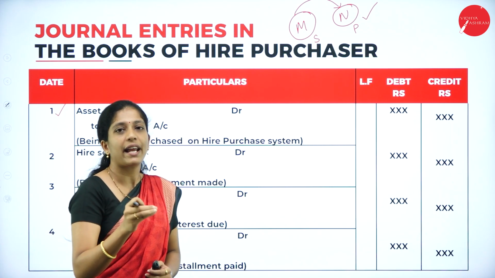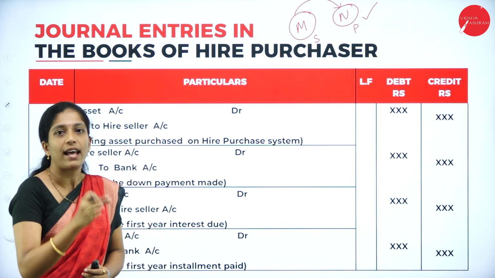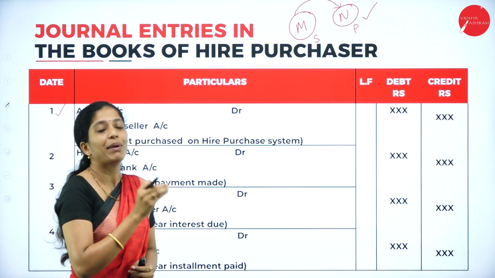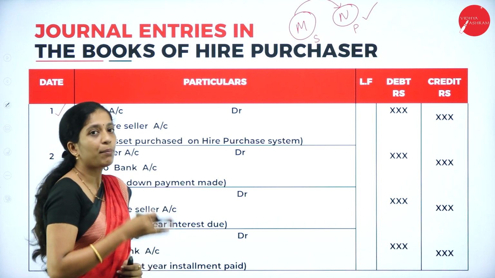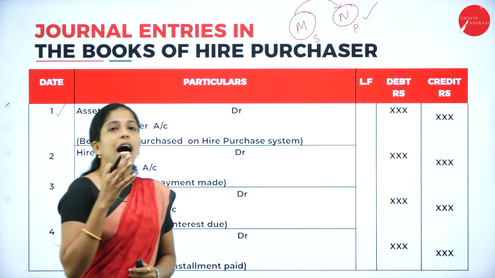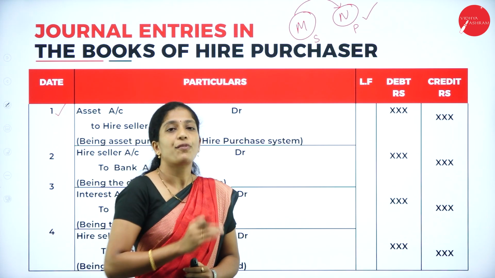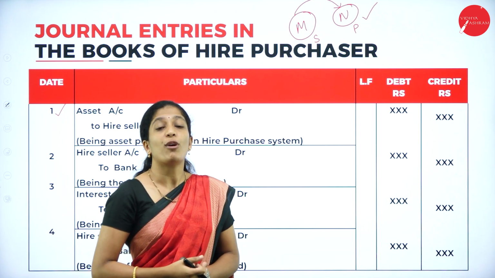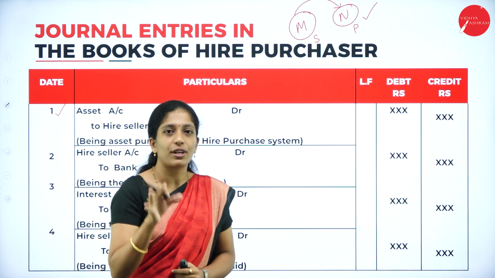On the date of receiving the goods, he will pay some percentage of the value of goods, which is known as what? Down payment. So here N makes payment to M. That is down payment. After making the down payment, the rest of the amount will be transferred to the hire seller in the form of installments along with interest. So this is what you have to remember here.